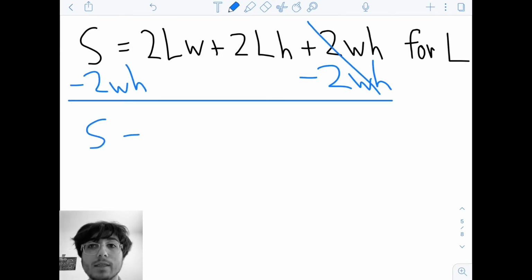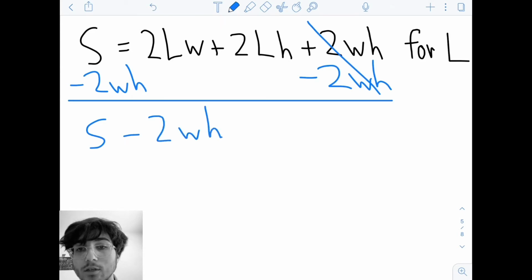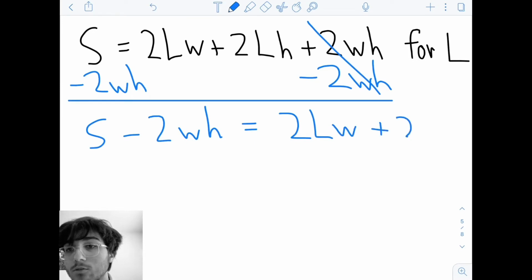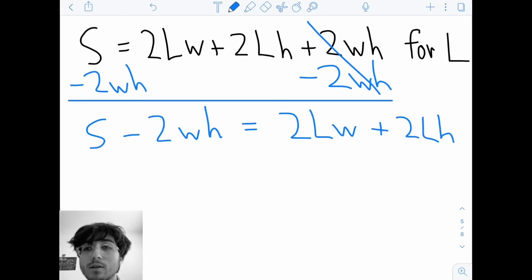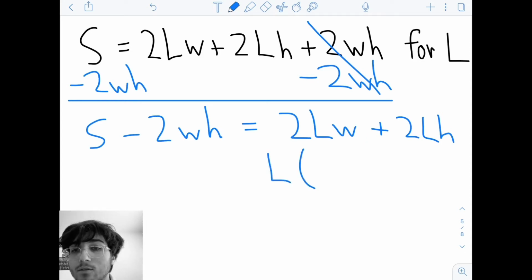So you're left with S minus 2WH equals 2LW plus 2LH. And now that we have L on one side of the equation, we can take out an L. So you're going to be left with 2W plus 2H.